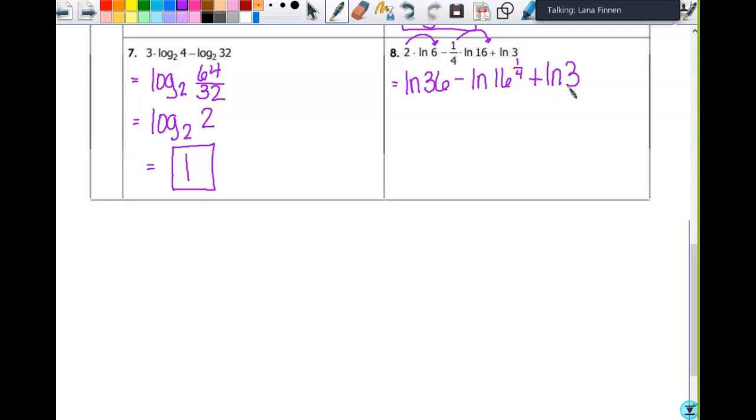All right, so 16 to the 1/4 power is a 4th root, right? Taking the 4th root is really no big deal. All you have to do is take the square root and then take the square root again. So the square root of 16 is 4, and the square root of 4 is 2. So the 4th root of 16 is 2.